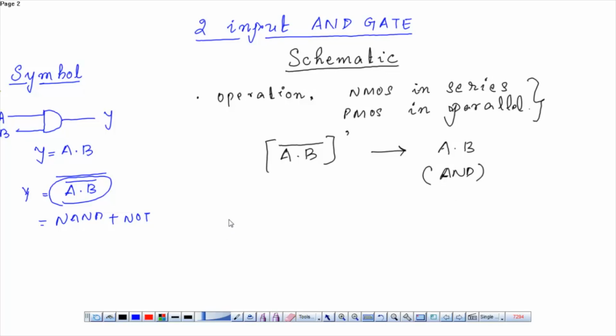Now the schematic diagram is done in two ways.